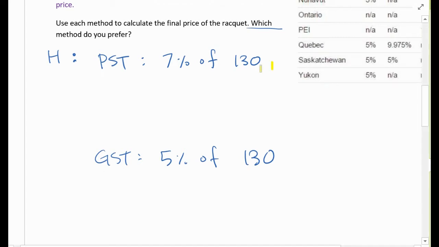So we're going to change this to a mathematical sentence. So everyone, 7%, how do you change this to a decimal? You move 2 decimal places. And that is 0.07 of, which is multiplication, times 130. All right, let's calculate it using your calculator.